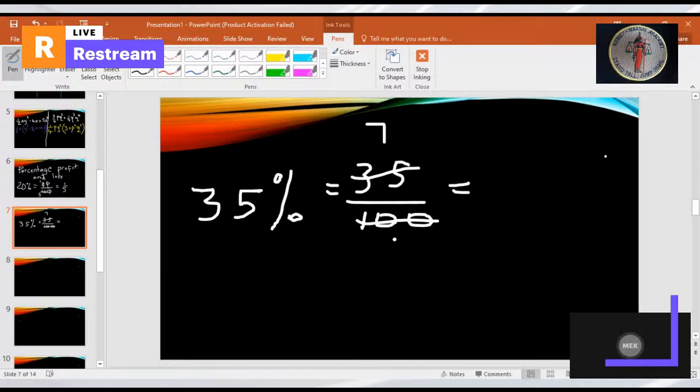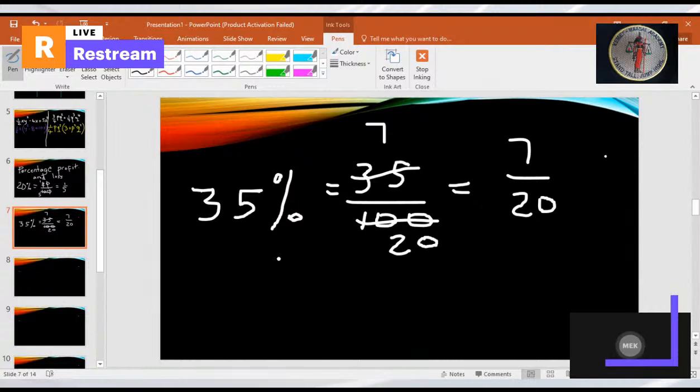So that would be 7 over 20. And I mentioned to you in the last class, don't be alarmed if you see a percentage that's bigger than 100%. I know we understand 100% is a full whole, right? 100% means 100 parts out of 100 parts. So that's a full whole thing.